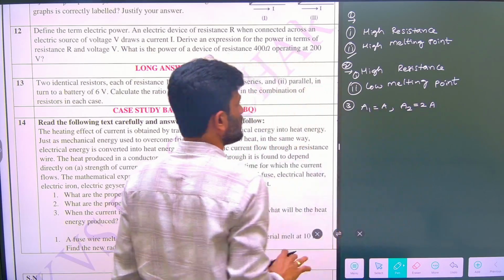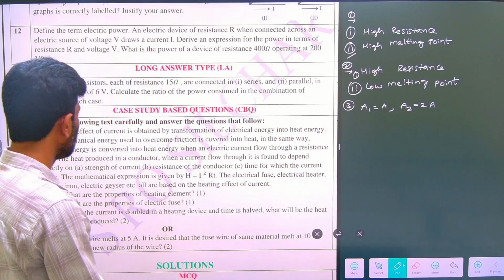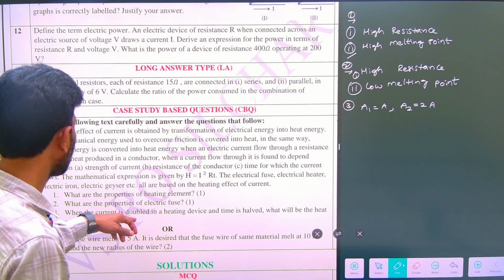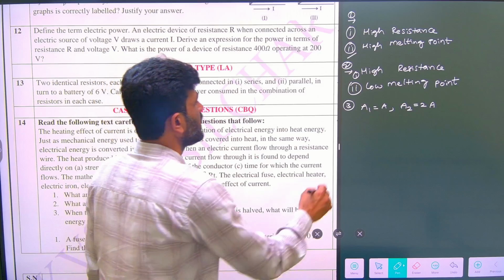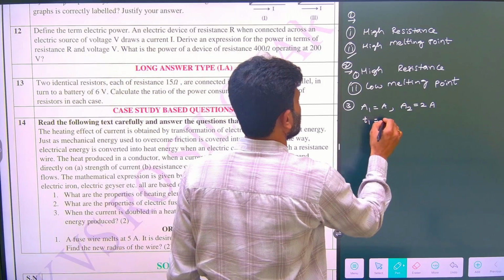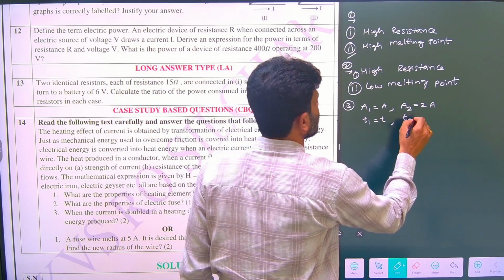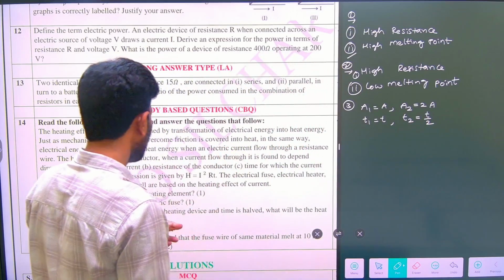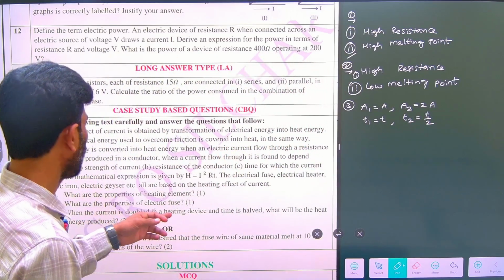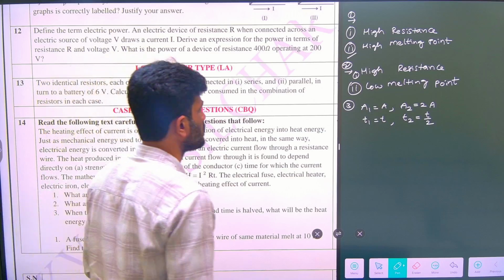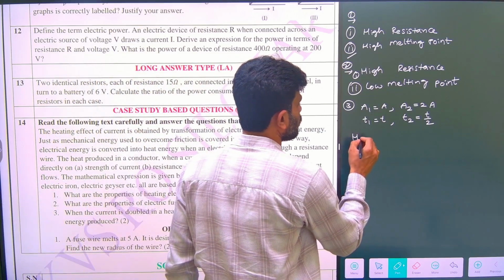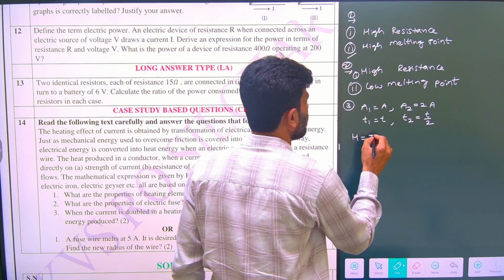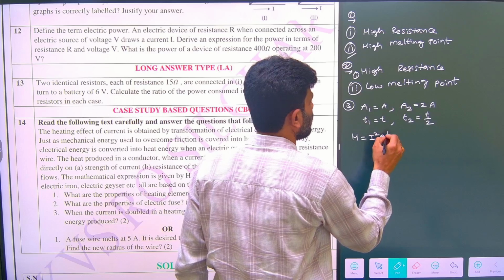In the first case it is A, but in the second case it is doubled. Similarly, time is halved. T1 is equal to T, but T2 is equal to T by 2, half. Now what they are asking, what will be the heat energy produced? Generally heat energy produced is I square R T.